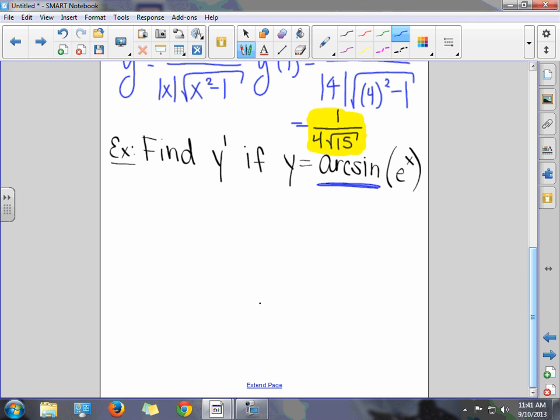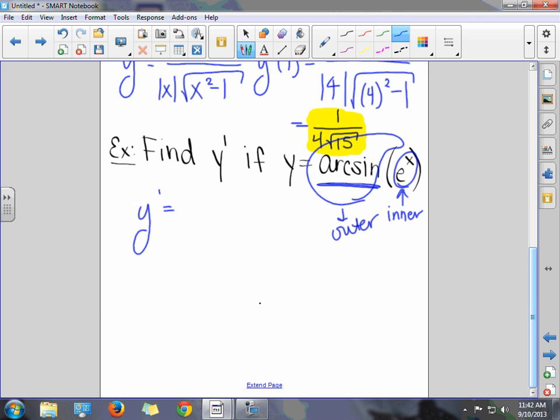All right, so I have y is arc sine of e to the x. So I'm going to find y prime. And I have an inverse trig function and I have an inner function, right? So we're going to have to use the chain rule. This is my inner, and this is my outer. So let's try this and see what happens.